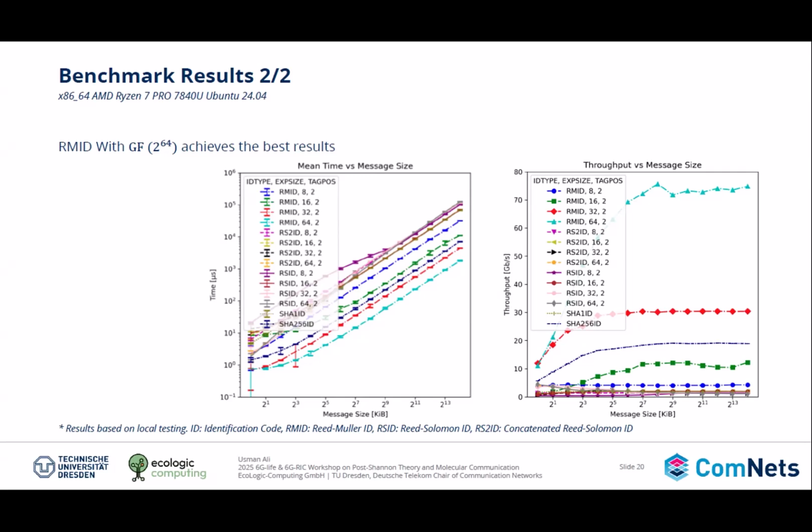The main point is that it's not slow to use concatenated Reed-Solomon codes anymore, and Reed-Muller is even much faster. So this roadblock of having very slow encoding speeds is not there anymore, and so these kinds of codes can be used, or we can look at other problems that might come, right? So this was the point, not to say this is now better than SHA, because it's a different code and it's intended for a different purpose.